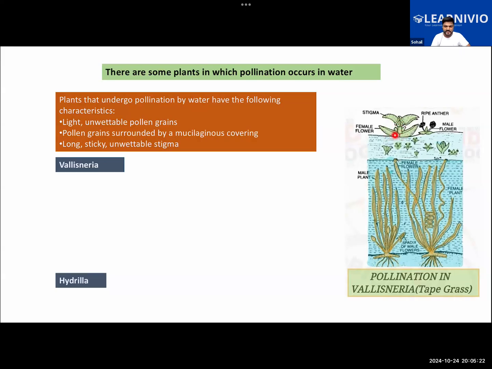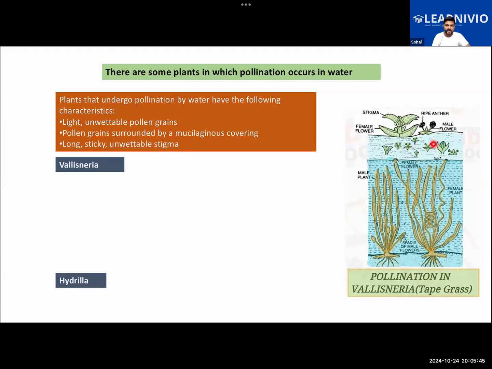Okay. So in the case of Vallisneria, there will be a male plant and a female plant. This one you are seeing is the male plant. Another one is the female plant. The female flower and the male flower will float on the water, right?